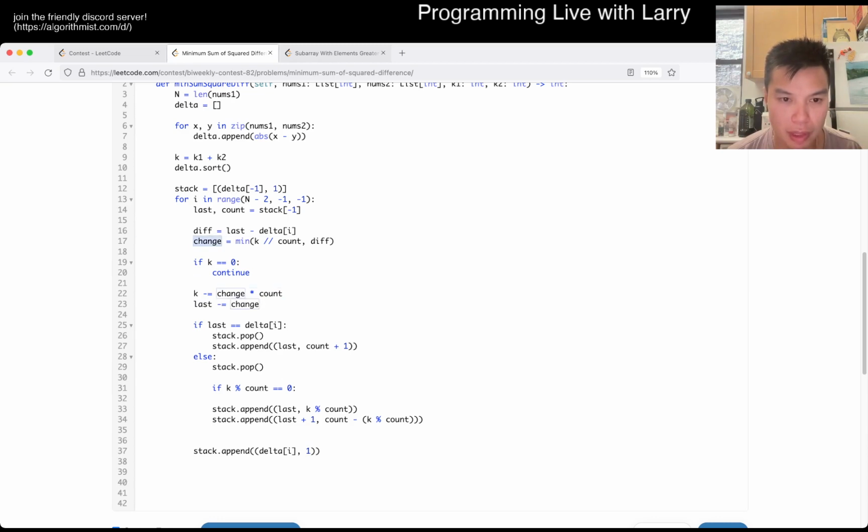Okay, that means that every number here minus change, and then with k has left. Okay, I see. This is also wrong, maybe because we have k left. No, that's fine. Yeah, okay. So that means that's last plus 1.